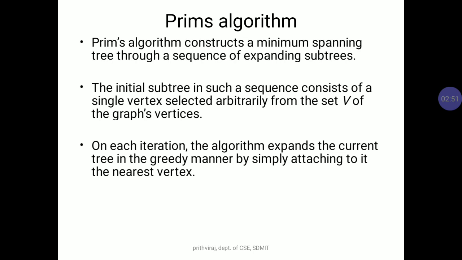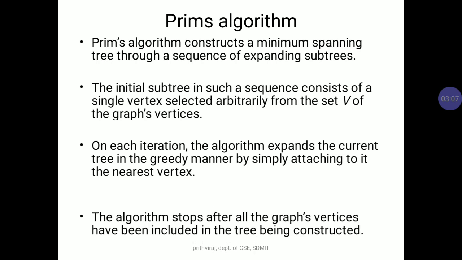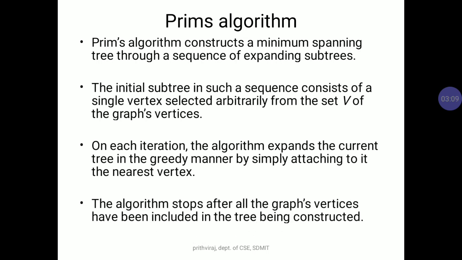On every iteration, the algorithm expands the current tree in a greedy manner by attaching its nearest vertex. While solving the problem, each time we have to attach the nearest vertex, and the algorithm stops after all the graph's vertices have been included in the tree that has been constructed.